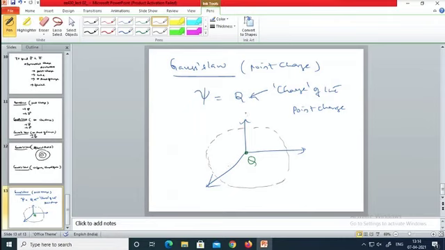So this is the z-axis, this is the y-axis, and this is the x-axis. I am interested in taking a small surface like this. Okay, so let the surface be like this.